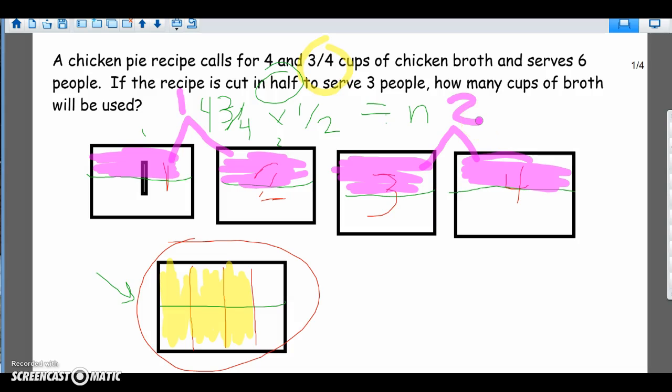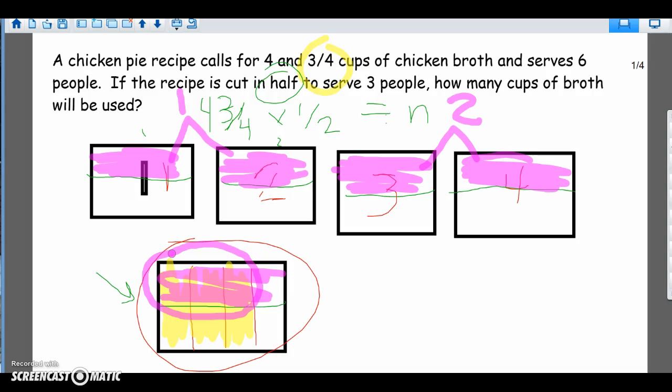Then I'm going to look down here, and I'm only going to take half of my gridded-in model. So I'm really only going to take this much, but again, I really only have 3 out of the 4 original parts of that whole.